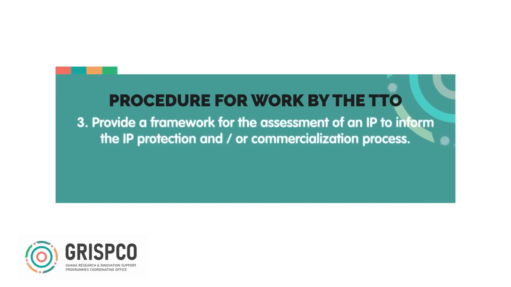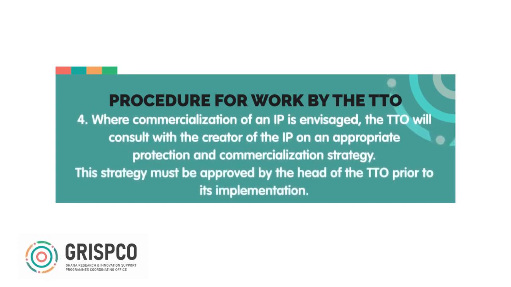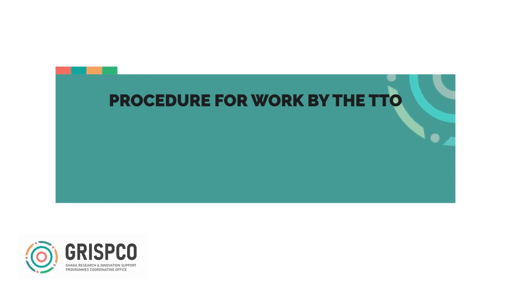Provide a framework for the assessment of an IP to inform the IP protection and/or commercialization process. Where commercialization of an IP is envisaged, the TTO will consult with the creator of the IP on an appropriate protection and commercialization strategy. This strategy must be approved by the head of the TTO prior to its implementation.